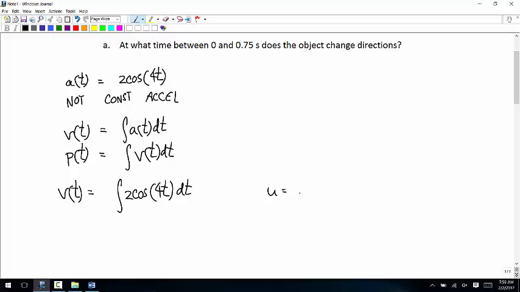So u is equal to 4t, du/dt is 4, so dt is du over 4. Is that the notation you guys are used to?